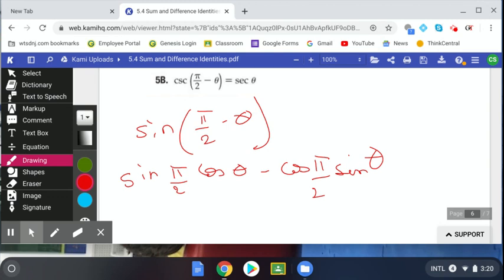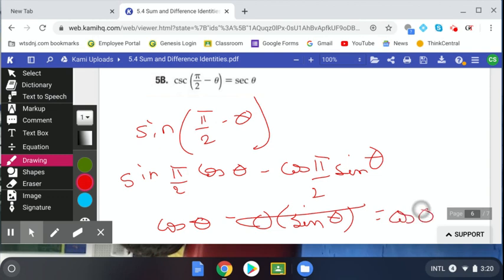So sine pi over 2 is 1. 1 times cosine theta is cosine theta, minus cosine pi over 2 is 0. So 0 times sine theta, 0 times anything is 0. I'm left with cosine theta.